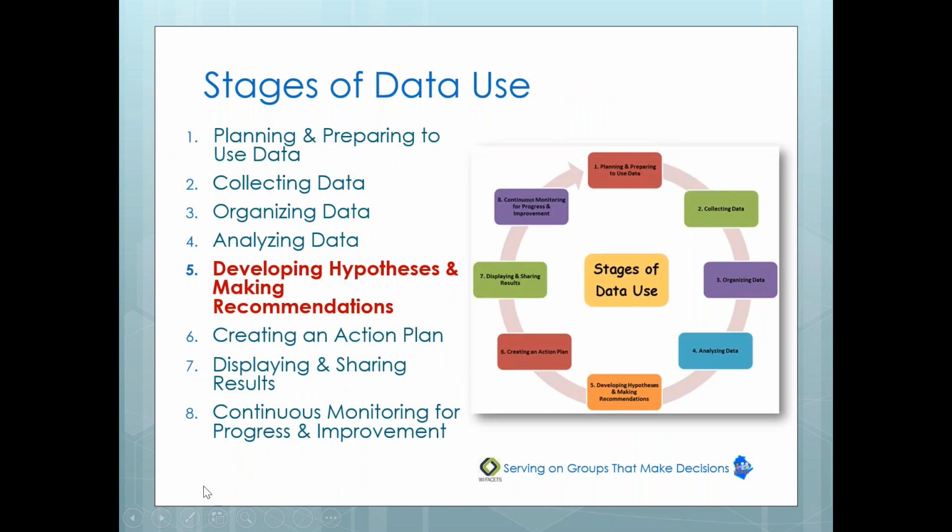Now, the next stage of data that we're going to talk about is stage 5, and that's developing what's called hypotheses and making recommendations. When you're developing a hypothesis, that means you're going to explain what the data represents and why it looks that way. And then you're going to decide what recommendations to base on the hypotheses.